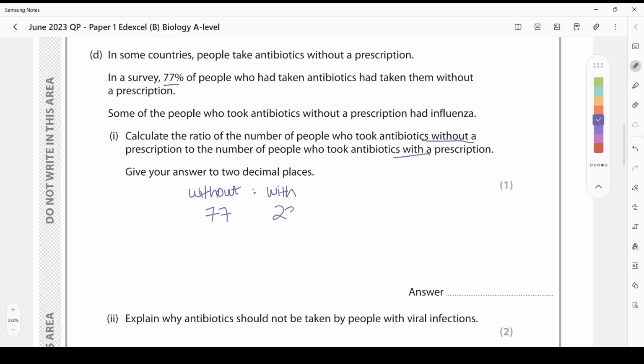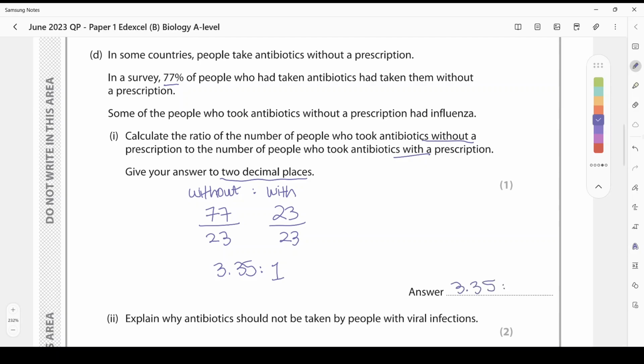That would be 23. Now we want to simplify this ratio. So we divide both sides by the smallest number. So therefore, this is going to be 1 here. And this is going to be 3 point, and it says 2 decimal places, so 3.35.